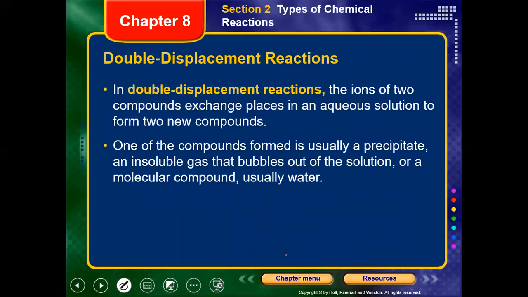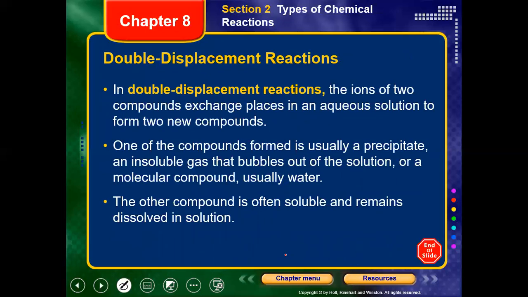Now, double displacement reaction. It is similar to single displacement reaction, but a single displacement reaction is a reaction between an element and a compound. In a double displacement reaction, it's a reaction between two compounds. One or both of them are dissolved in water. So let us read the definition and notes about double displacement reactions.